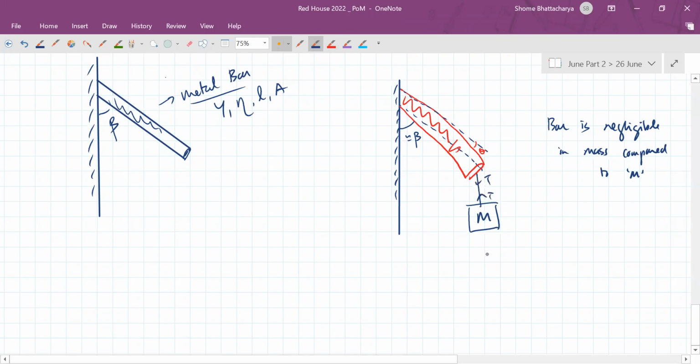So the tension in this wire would have created both longitudinal as well as transverse components. This would have created a component of force which is normal.